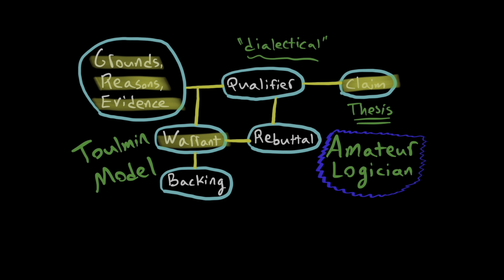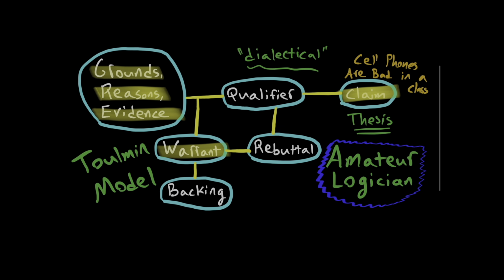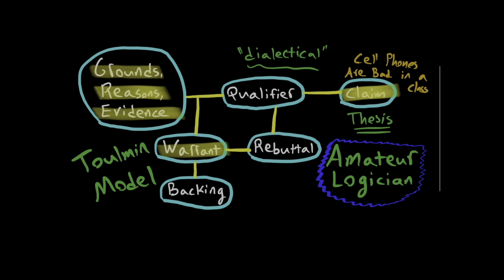To give a very simple example, let's say the claim is that cell phones are bad in a class. That is, in a classroom. The grounds, the reasons, the evidence, we're thinking about studies that show less retention.